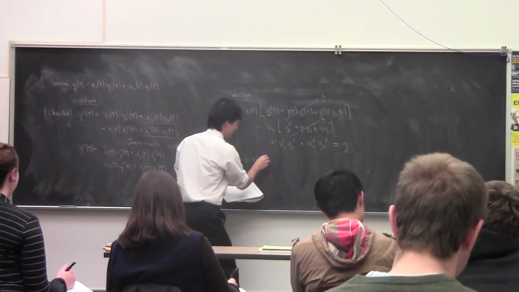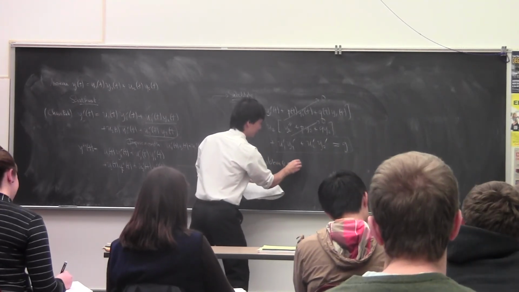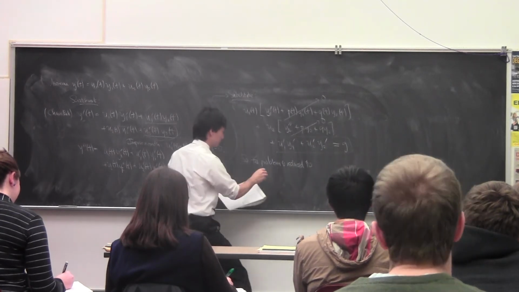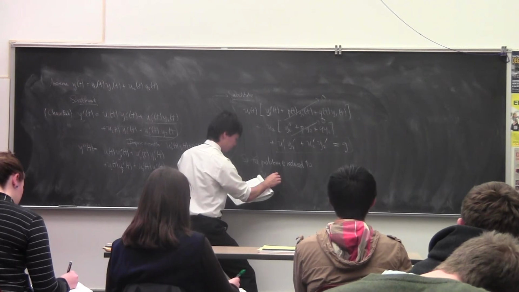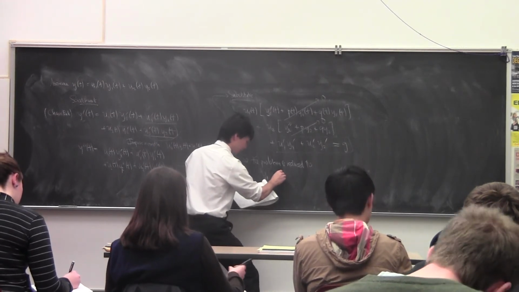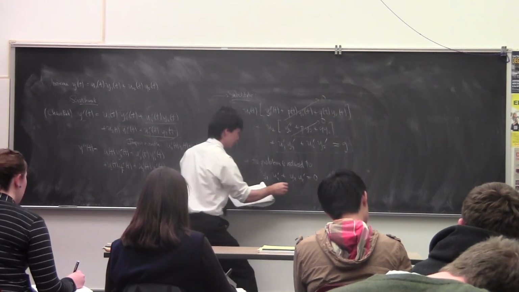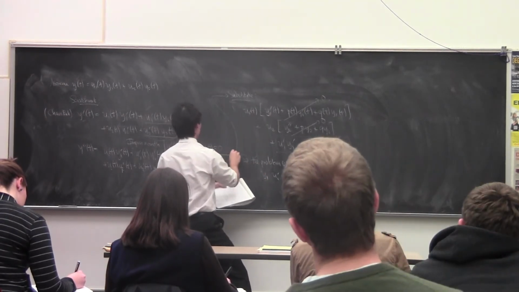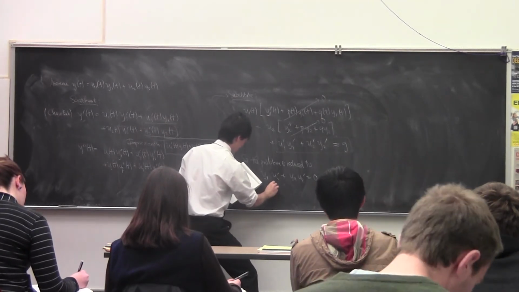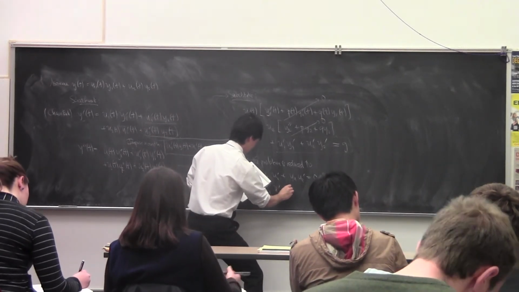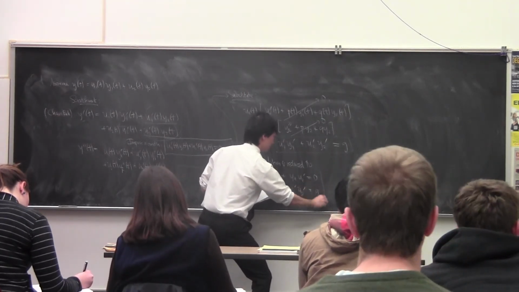So the problem is reduced to this: y1 u1' plus y2 u2' equals 0. That's the condition that we imposed. And y1' u1' plus y2' u2' equals g.